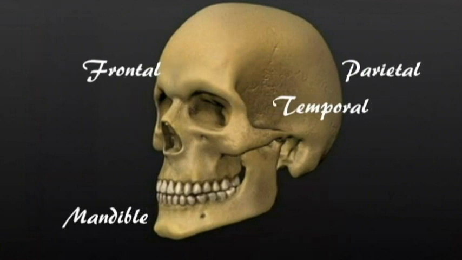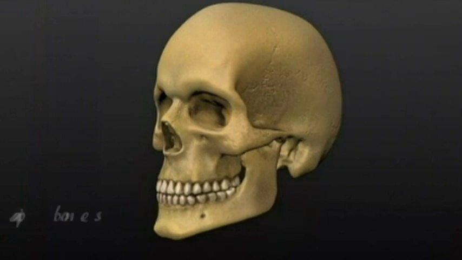If we start from the back, we have the occipital, temporal, frontal and mandible. And the most interesting part in the head is the jawbone. This jawbone, called the mandible, is the only movable bone in the head, whereas all other bones are stiff and don't move.